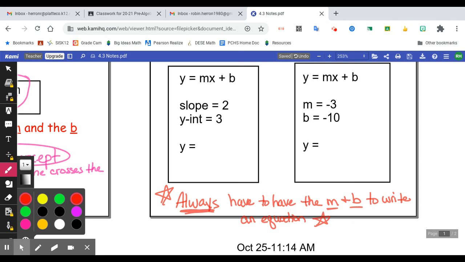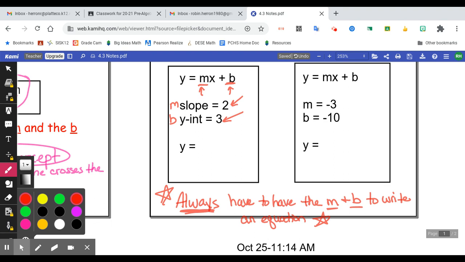What we're going to work on first real quickly is just the easy peasy one. If I give you the slope and the y-intercept, can you plug them into the equation where they go and write me a slope-intercept form equation with those two things? So again, slope is your m, y-intercept is your b. So we're simply going to plug them in here to these two spots and write a new equation.